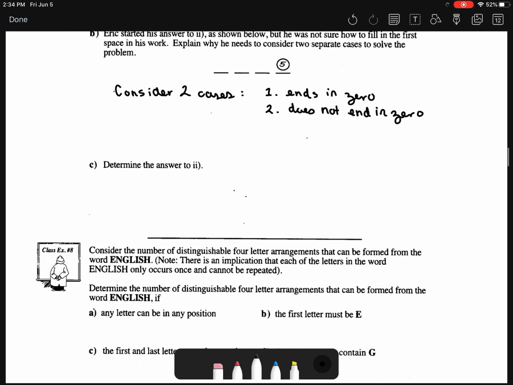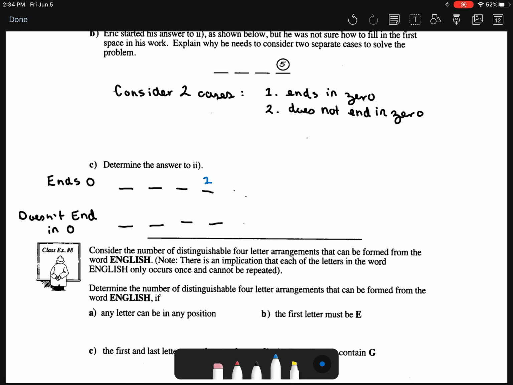So here's what it looks like when I do that calculation. So we'll just label it on the side here. Ends in 0, doesn't end in 0. Okay, so in either case, we're going to have 4-digit numbers that we are trying to calculate.